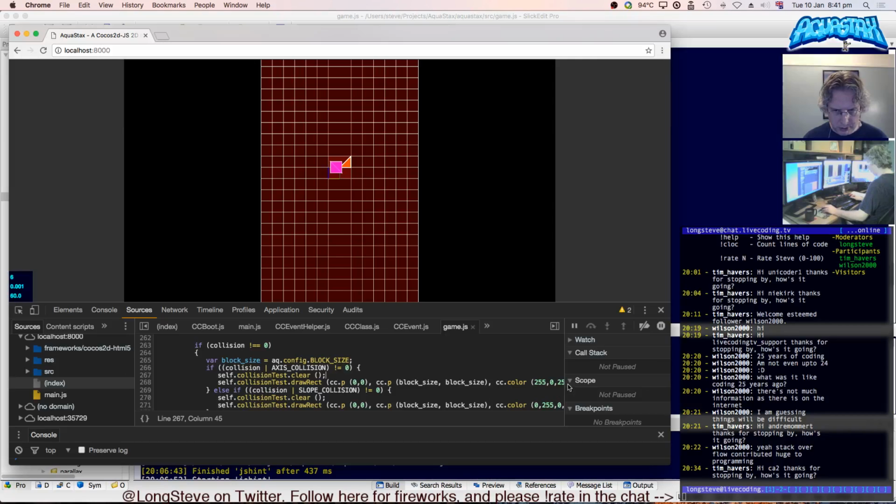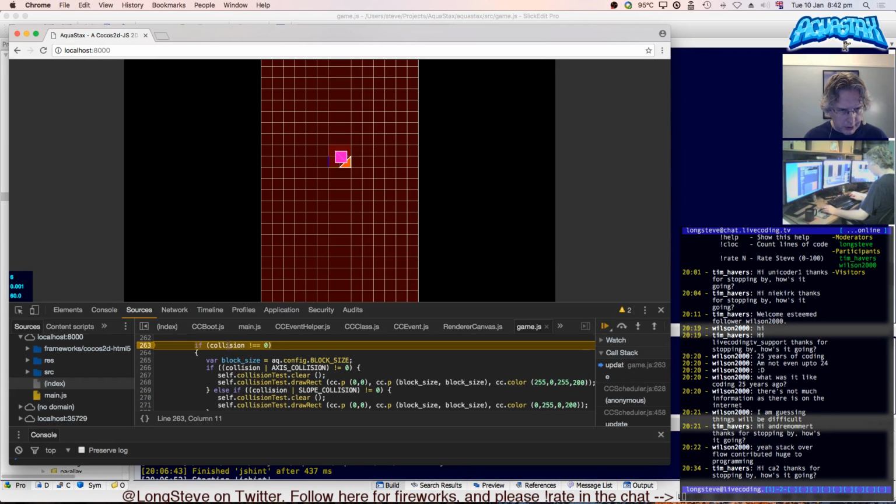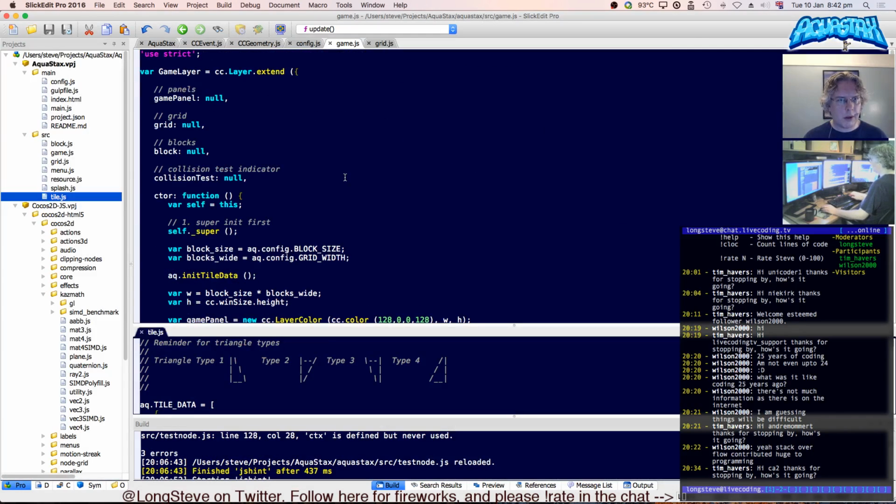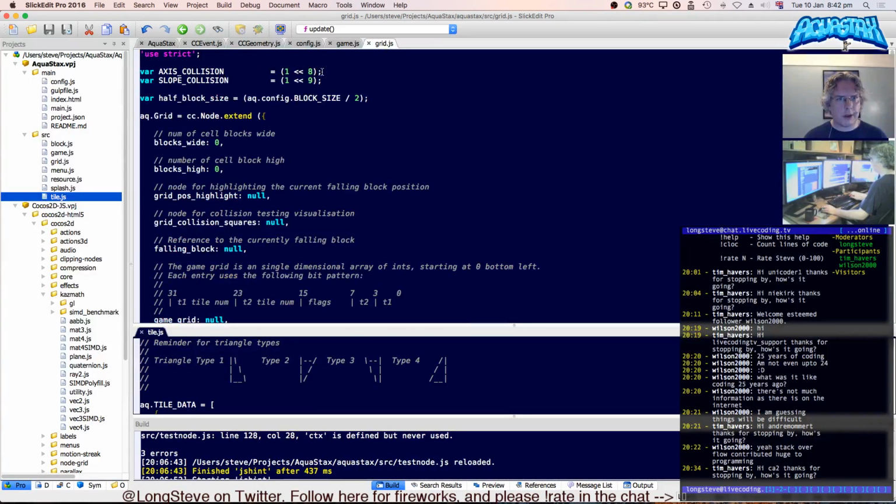So the purple is axis collision, slope collision is, so yeah, slope collision should trigger there, but it's not. Let's just see what's going on with collision. Collision is 512, which is 1 shifted up by 8, so that says axis collision.